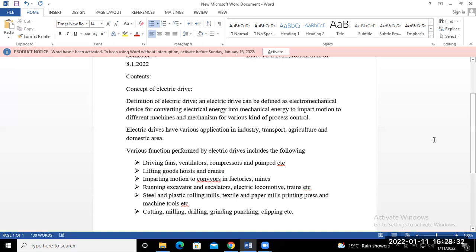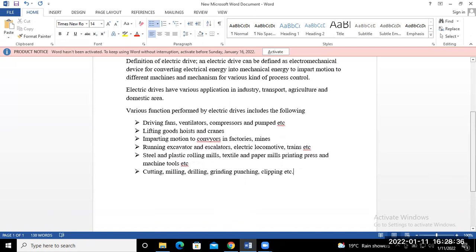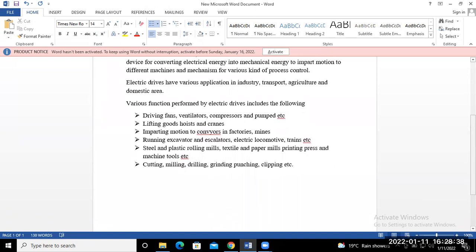So there are a lot of various applications, in small, medium or large power drives. The operation of electric drives is selectively regulated and made partly or fully automatic to increase the productivity and efficiency of the industry.